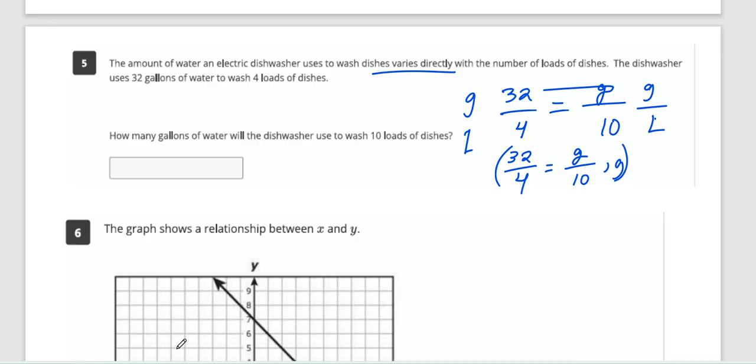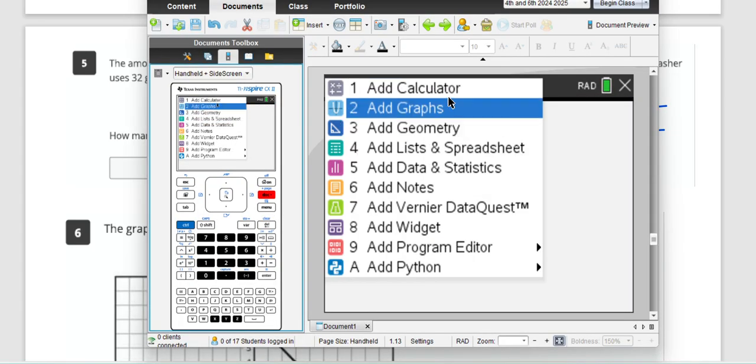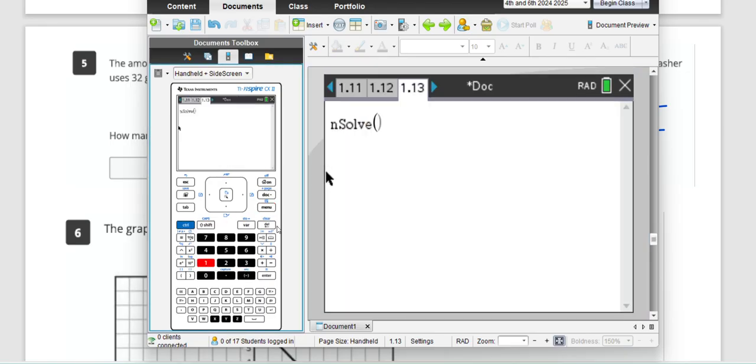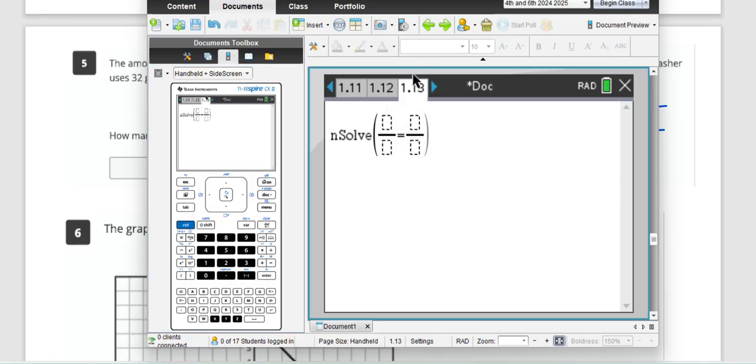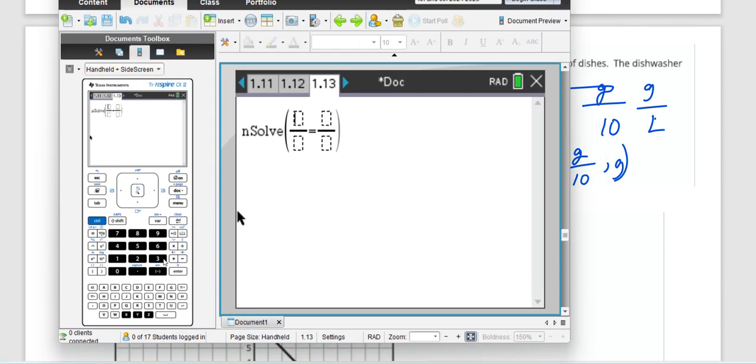Let's use menu 3, 1. I'm going to just add here, equals. Let me add the other one. It's 32 and 4, 32 over 4.